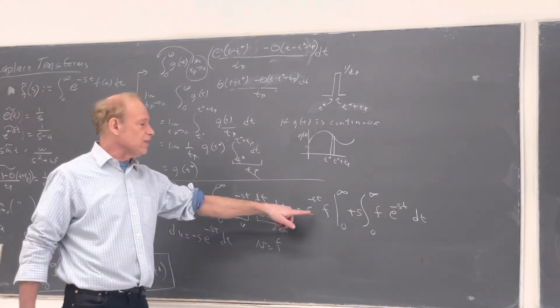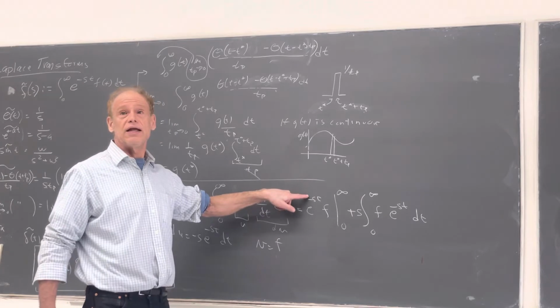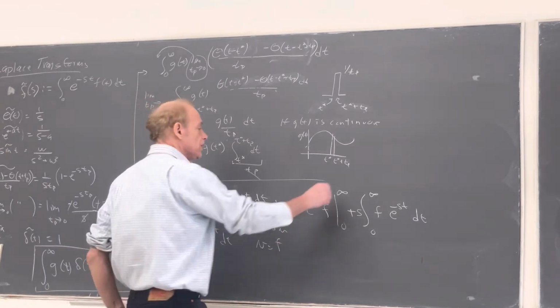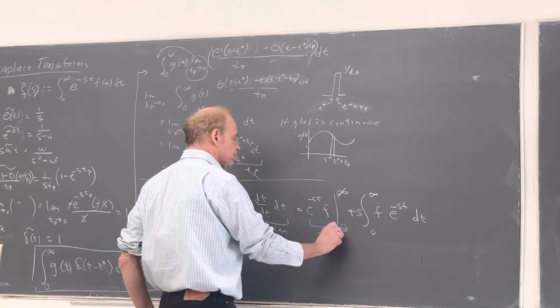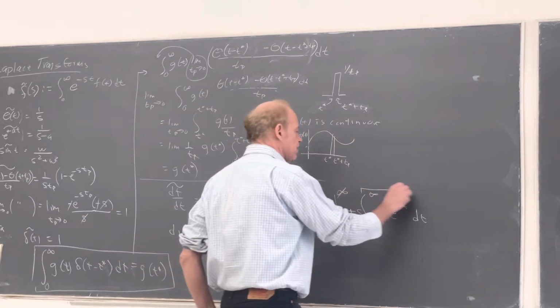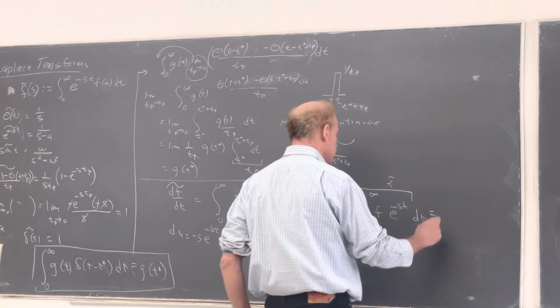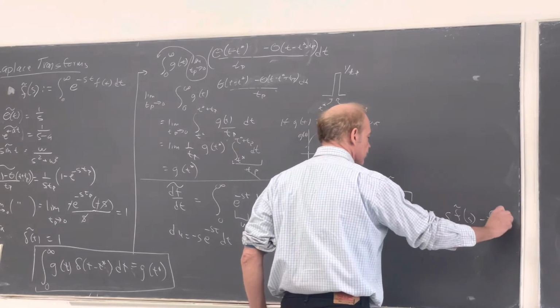So let's evaluate this. At infinity, this is 0, because e to the minus st at infinity is 0. At 0, this is just f of 0, minus f of 0. And this thing is nothing more than f tilde. So what I get is s f tilde of s minus f of 0.